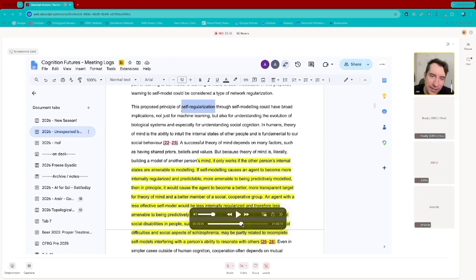We'll talk about it later. And this is just kind of talking about the consequences, largely positive, of self-regularization. It's basically dealing with error, prediction error, and lessening that prediction error, and making yourself more legible to other agents and to humans. So that's what it's all about.